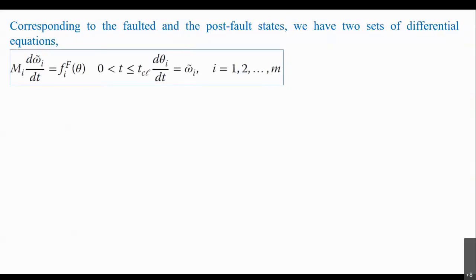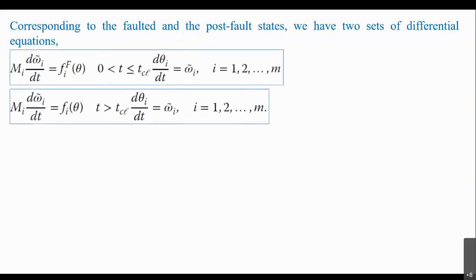This is one set, with time frame 0 to tCL, where 0 is the time at which the fault is happening, and another time frame is t greater than tCL. We should not consider it as a single term. There are two equations: Mi d omega i tilde by dt equal to fi f theta, this is the function, and Mi d omega i tilde by dt equal to fi theta.